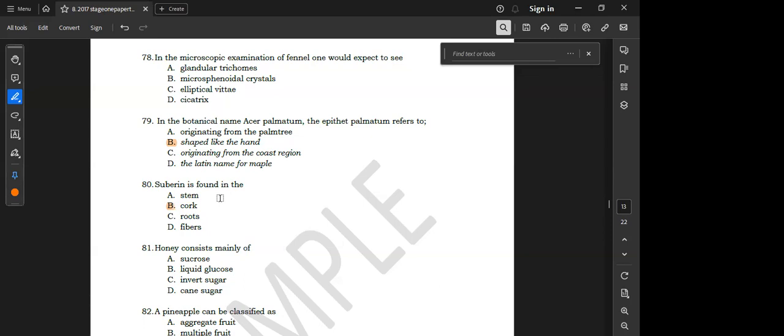Suberin is a waterproofing waxy substance found in higher plants. Suberin is the main constituent of cork. And what's the difference between suberin and cutin?